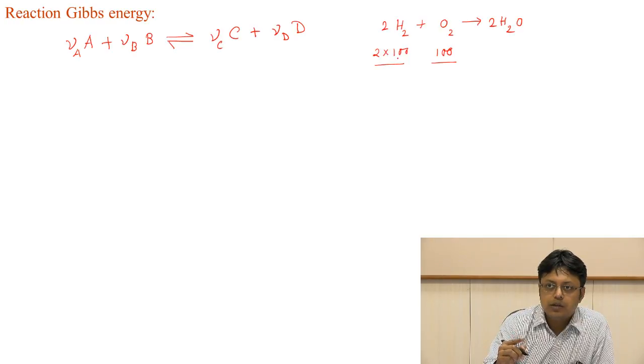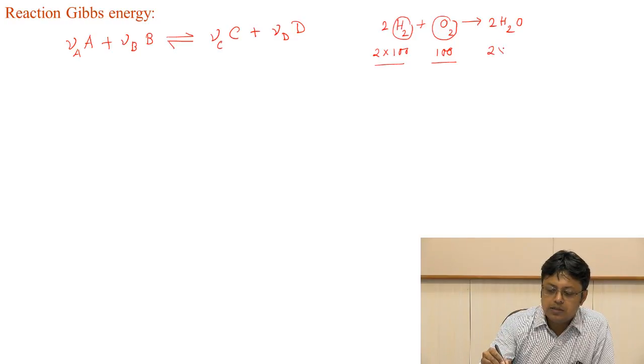So we need to actually quantify the extent of the reaction independent of the constituents, whether it is hydrogen or oxygen. And also you could explain the extent of the reaction based on the products. In 1 minute, we see that 200 molecules of water are produced.